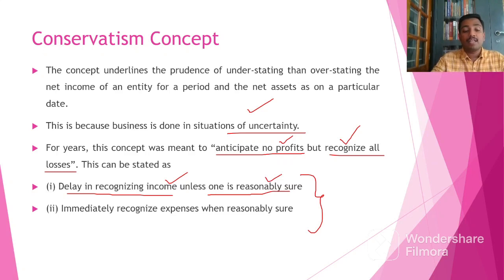So if you are reasonably sure, then you can recognize the income; if it is received, we can wait till it is received. But we should immediately recognize the expense. It should be accounted and immediately brought into the books of account when it is reasonably sure. So that is known as the conservative or conservatism principle.